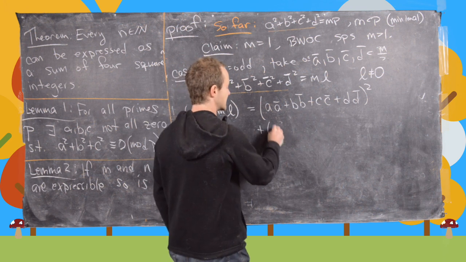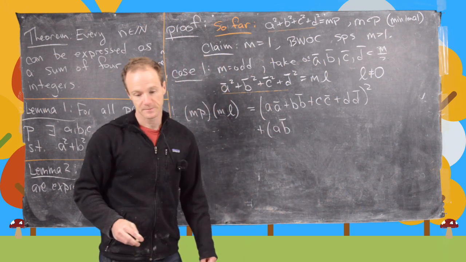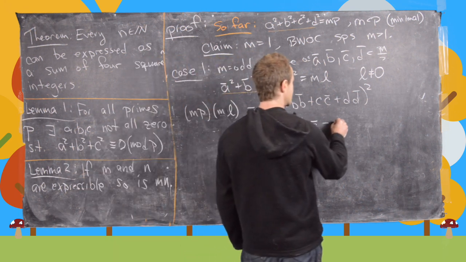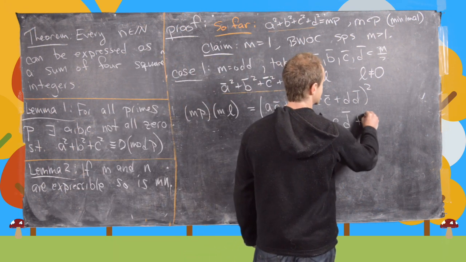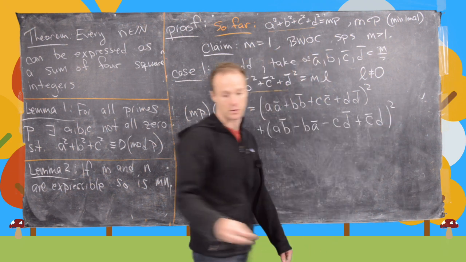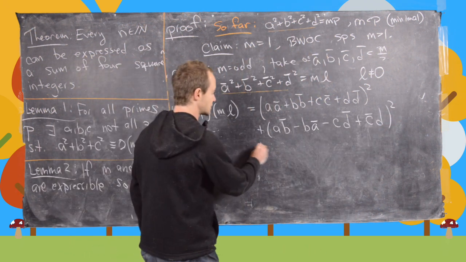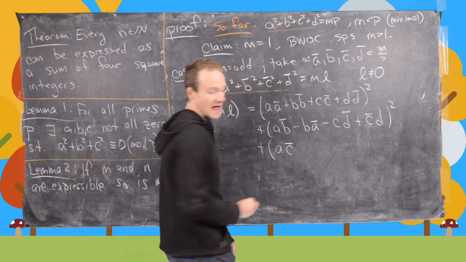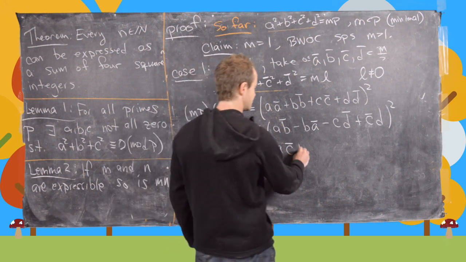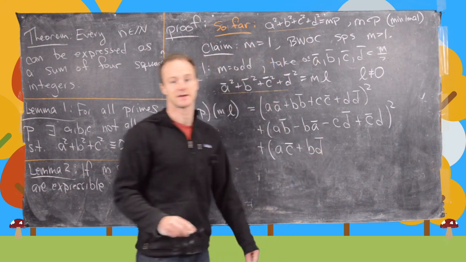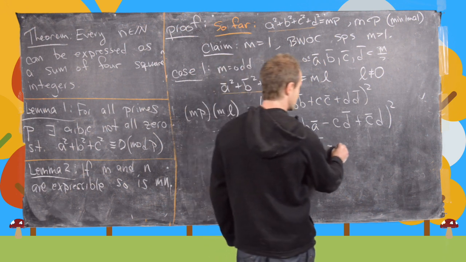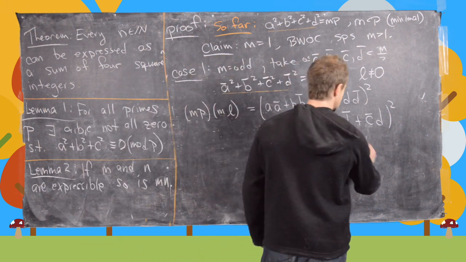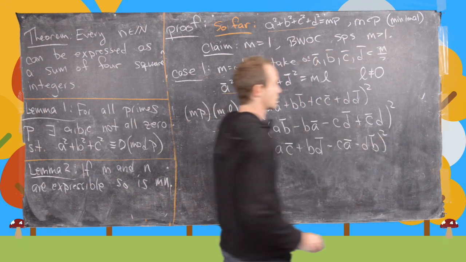Then we have plus a times b hat minus b times a hat minus c times d hat plus c hat times d, all squared. And then the next one is a times c hat plus b times d hat, and then minus c times a hat, and then minus d times b hat, all squared.